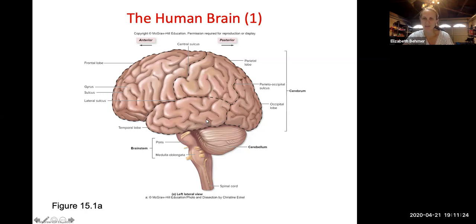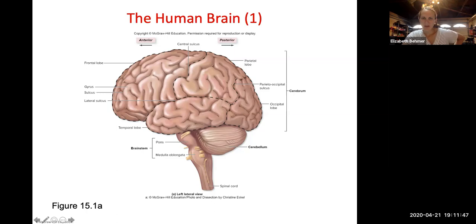So if we look at the cerebrum, these brain folds have depressions between them. And one major depression we name anatomically is the central sulcus. And the central sulcus is a major depression between 2 gyri on either side.